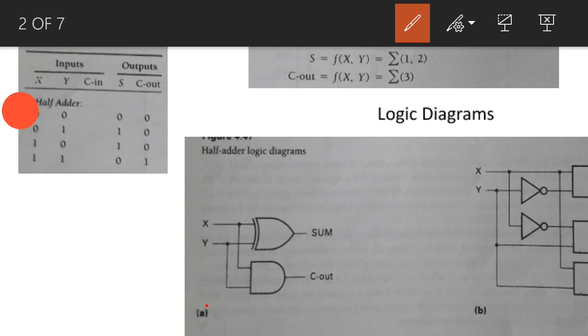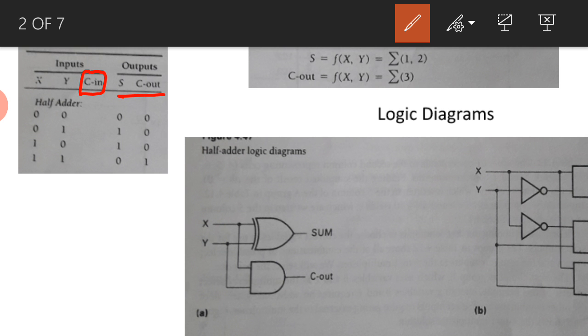If you see here, x and y are the variables, and S and Cout. S and Cout mean sum and carry out. Here x and y are inputs. Cin is for the full adder, so we are not considering it here.